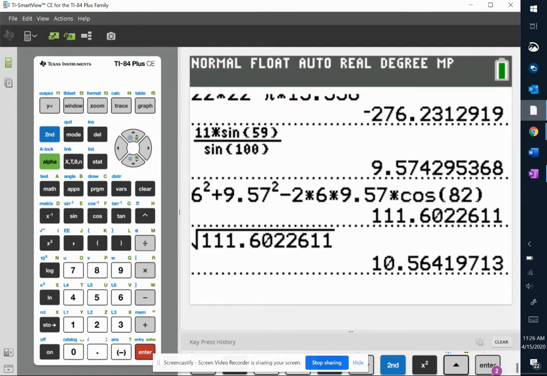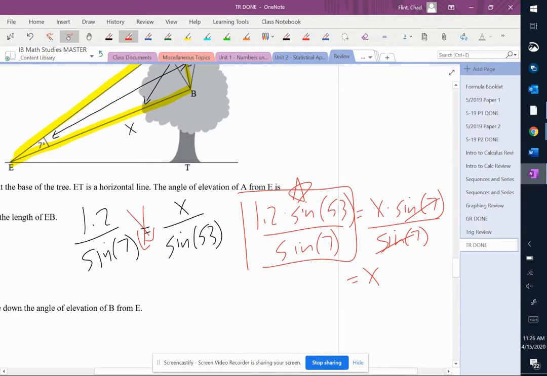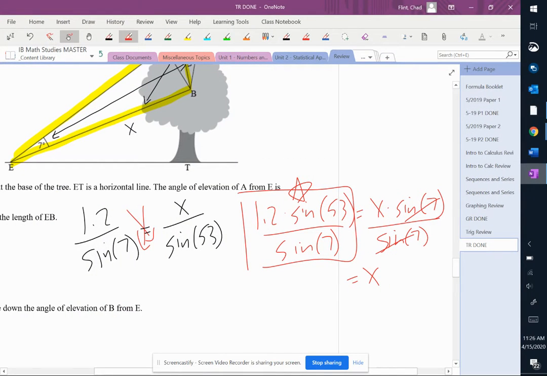It should already be in degrees from the last problem. So we're looking at 1.2 times the sine of 53 over the sine of 7. Let me double check that. So we're good. Our answer is 7.863. Three significant figures, 7.86.